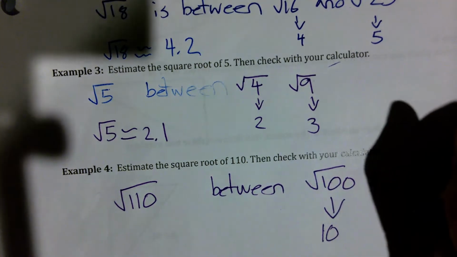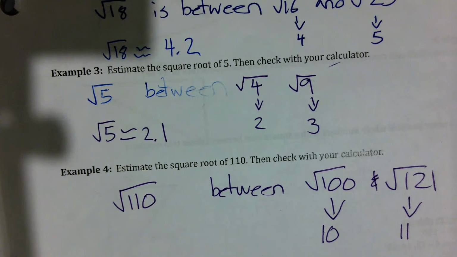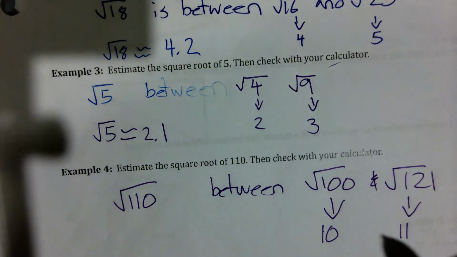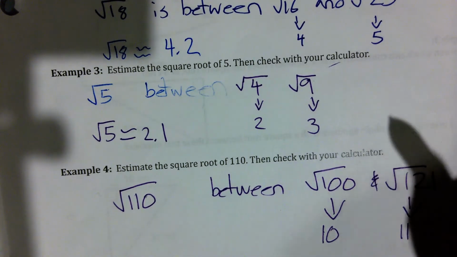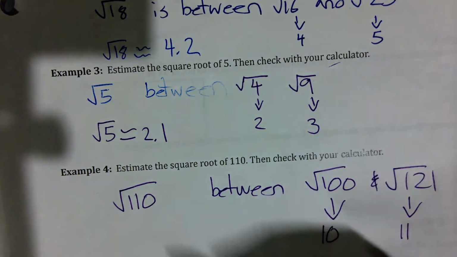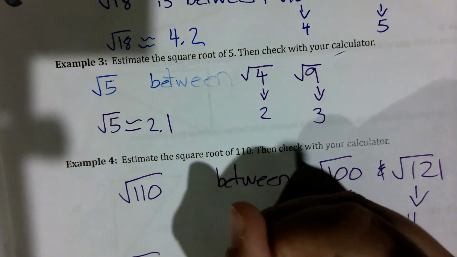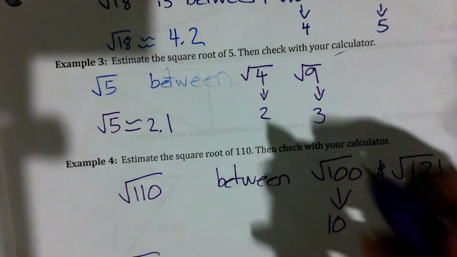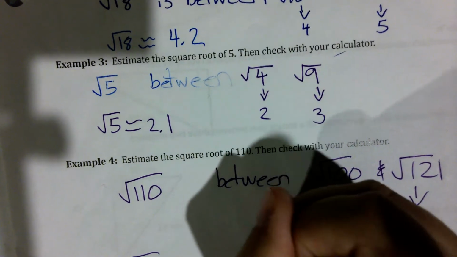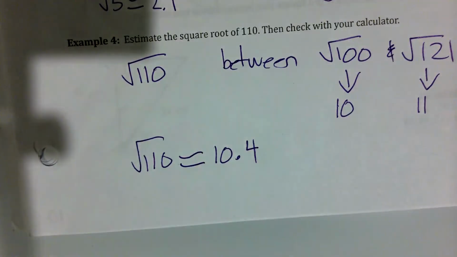Square root of 121 is 11. 110 is about in the middle, so I could estimate maybe 10.5. 110 is slightly closer to 100 than 121, so I'm going to estimate the square root of 110 is 10.4. That's kind of halfway between 10 and 11.